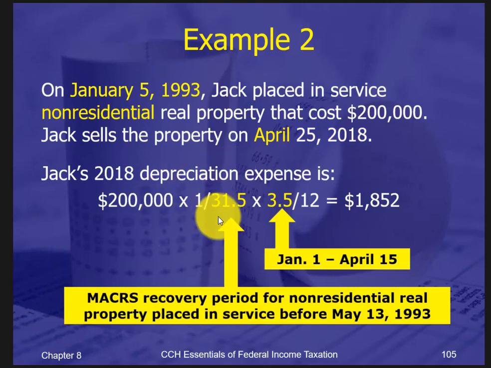This is with the 31 and a half. Again, the 3.5 months, okay? In 2018, all January, February, March, and half of April, even though it was April 25th, treated as April 15th.